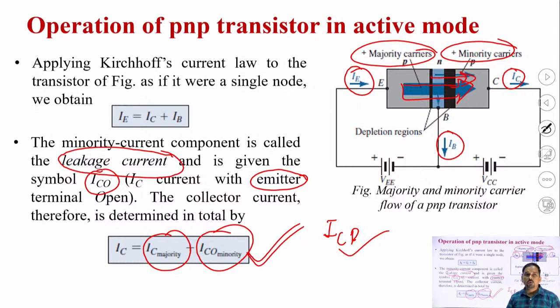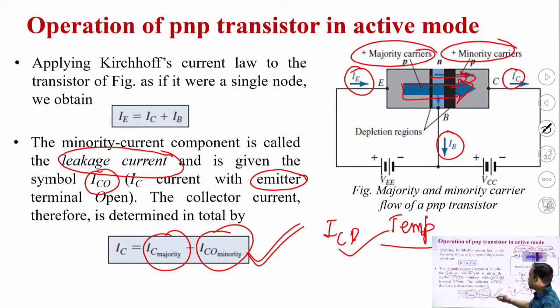And this ICO, this leakage current or the reverse saturation current, is very temperature sensitive. Why is this temperature sensitive? Because we have seen that as temperature increases by 10 degrees Celsius, the ICO doubles. We have already seen this fact in P-N junction diodes. So here we have two important equations.